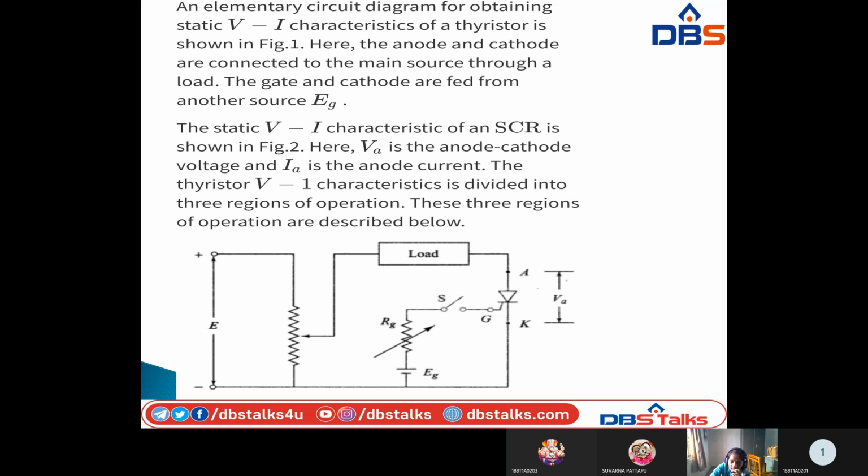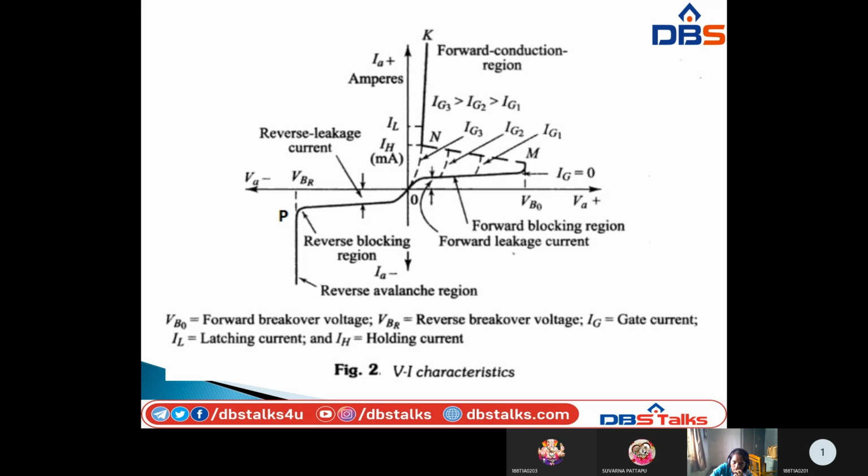Then only reverse leakage current flows, so there is no significant current from anode to cathode in the reverse blocking region.